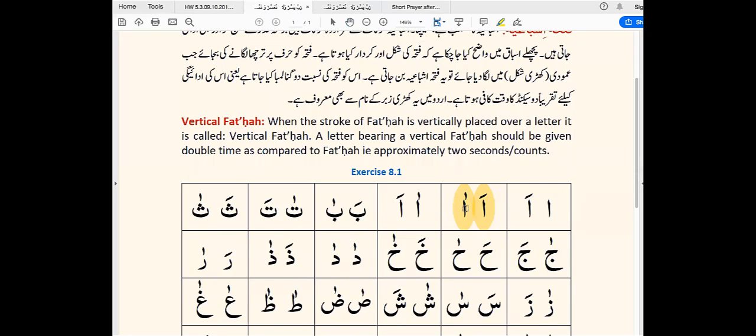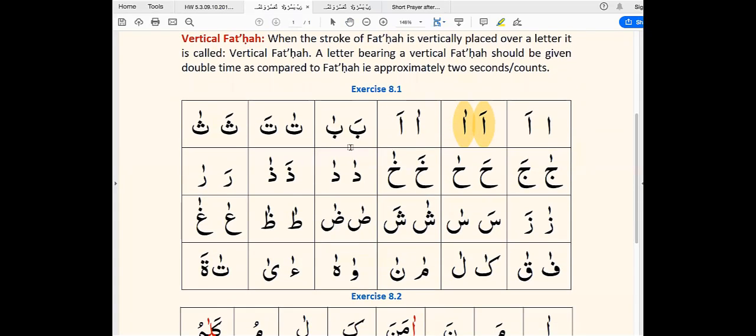That means we will make it longer, up to 2 seconds, and we will say a for 2 seconds. Okay, for example, let's take another letter. Let's take Jim. A Jim with a normal fatha is ja, and a Jim with a vertical fatha is pronounced for 2 seconds or 2 counts.